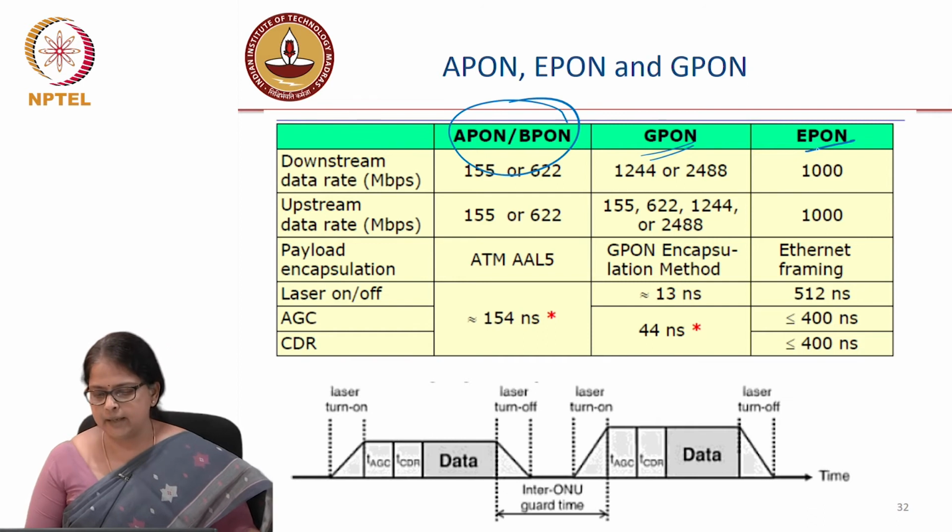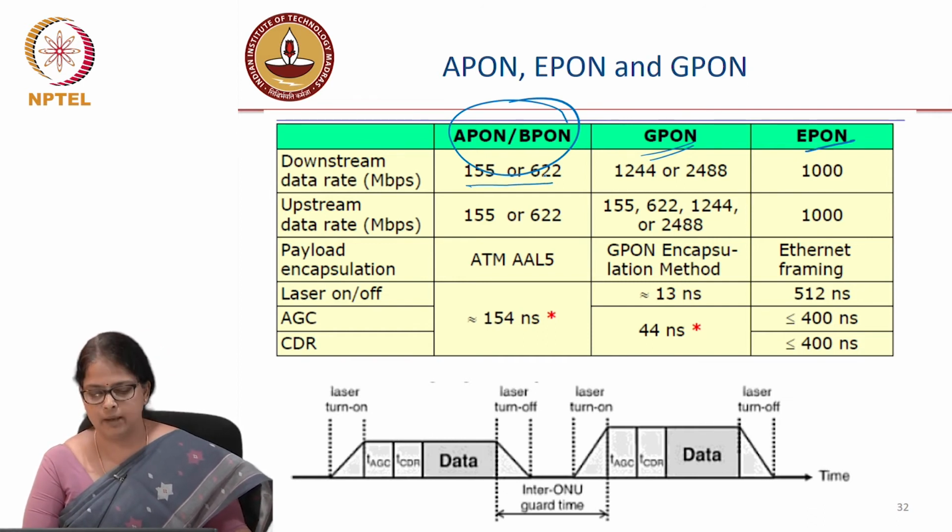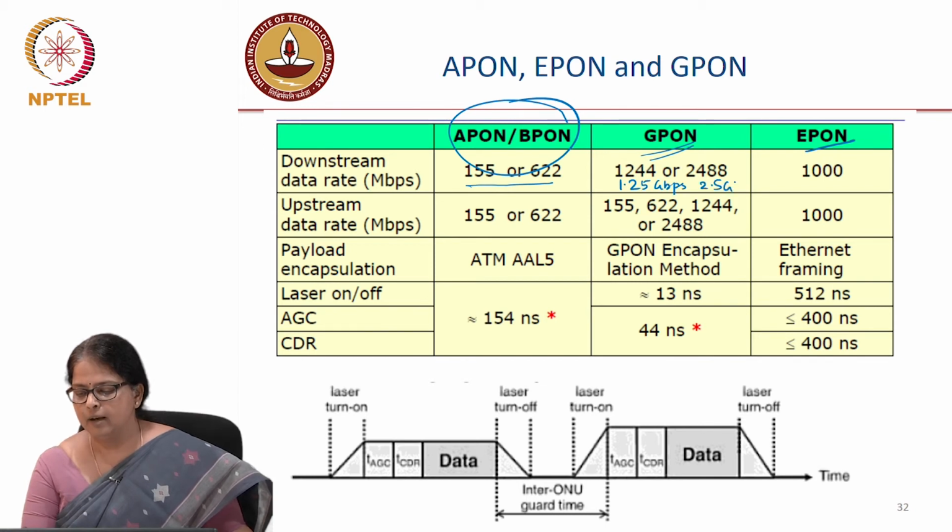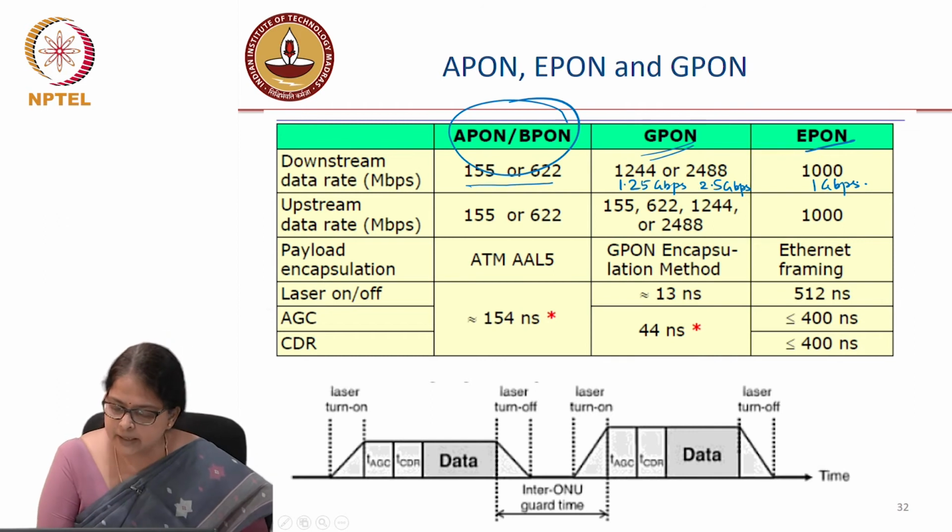In terms of data rate, APON and BPON handle 155 or 622 Mbps, whereas GPON is roughly 1.25 Gbps, or it can handle 2.5 Gbps, whereas EPON is about 1 Gbps.